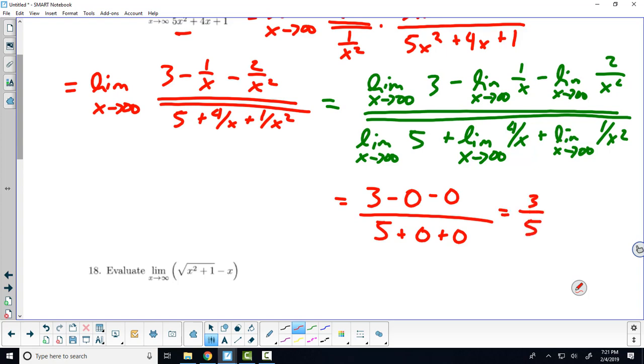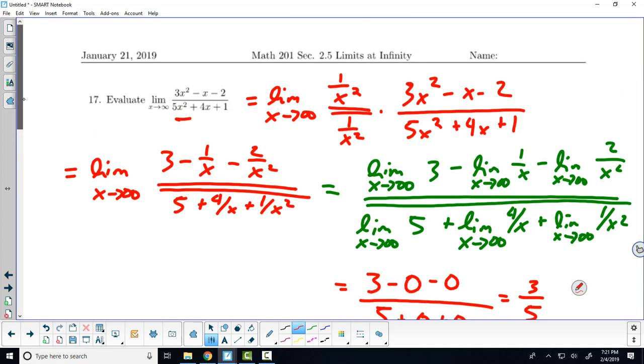Okay, show of hands. How many of you knew that answer before we even started tonight's lecture? Yeah. This is a technique from college algebra, right? Not the limit part, but if you're looking for the horizontal asymptotes of a rational function, and the degree of the numerator is the same as the degree of the denominator, you can just look at the ratio of the leading coefficients.